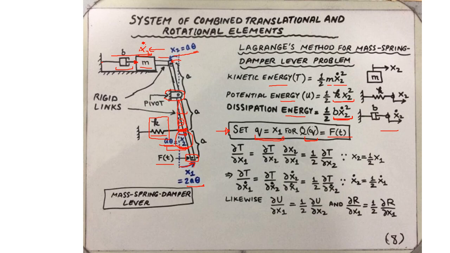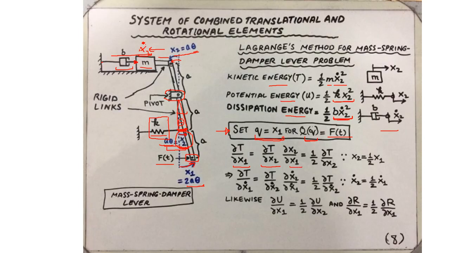All right, let us now calculate the partial derivative to set up the Lagrange model. So the partial derivative of kinetic energy with respect to x1 will be split, using the chain rule, as the partial derivative of kinetic energy with respect to x2 times the partial derivative of x2 with respect to x1.